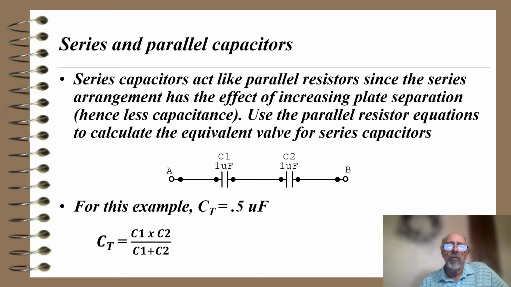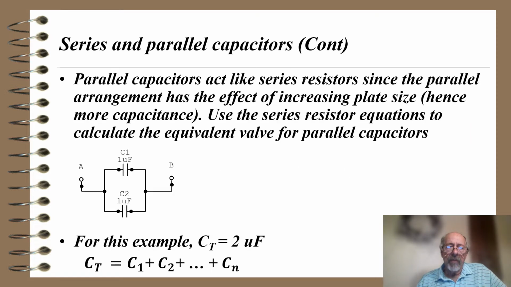And here I show two 1 microfarad capacitors in series, and I say for this example the total capacitance or equivalent capacitance equals 1/2 of either one of those, or 0.5 microfarads. You can calculate that using the parallel resistor equation, but this time it's C1 times C2 over C1 plus C2. That gives you the total equivalent capacitance.